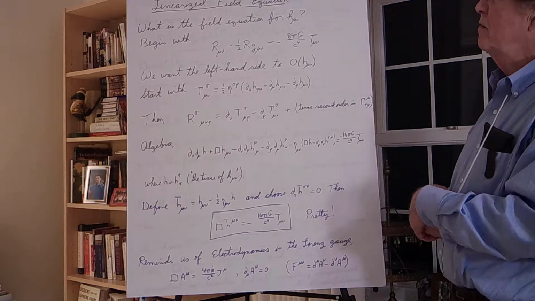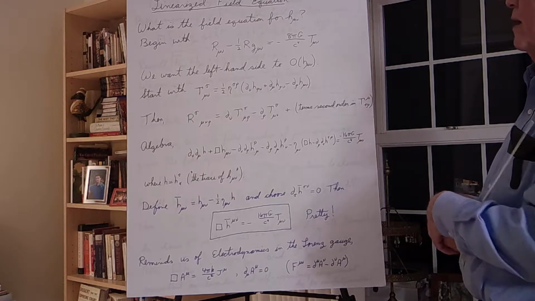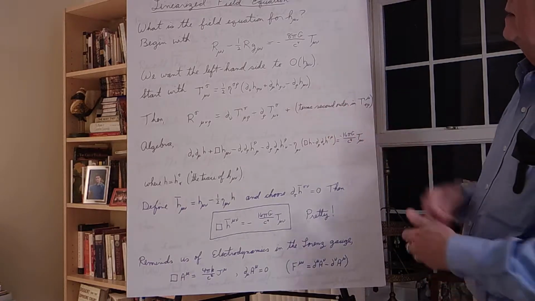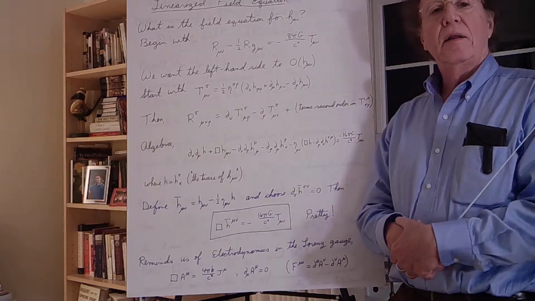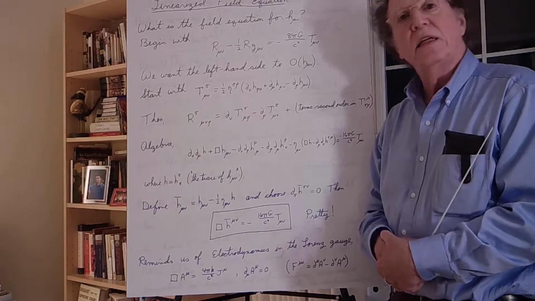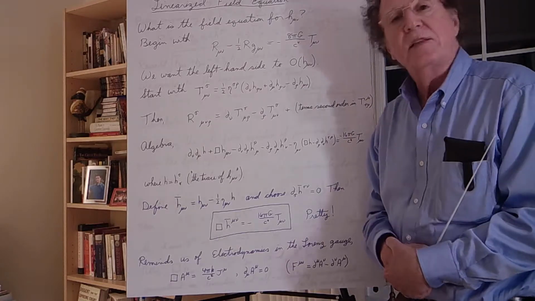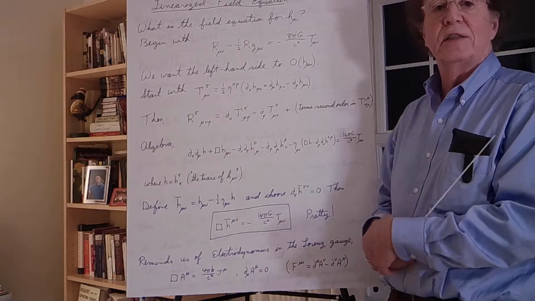written in terms of the Ricci tensor, like this, and start working on it. I want to work on the left-hand side, and I want to see how the left-hand side behaves in the situation that my space-time is the Minkowski metric with small deviations.